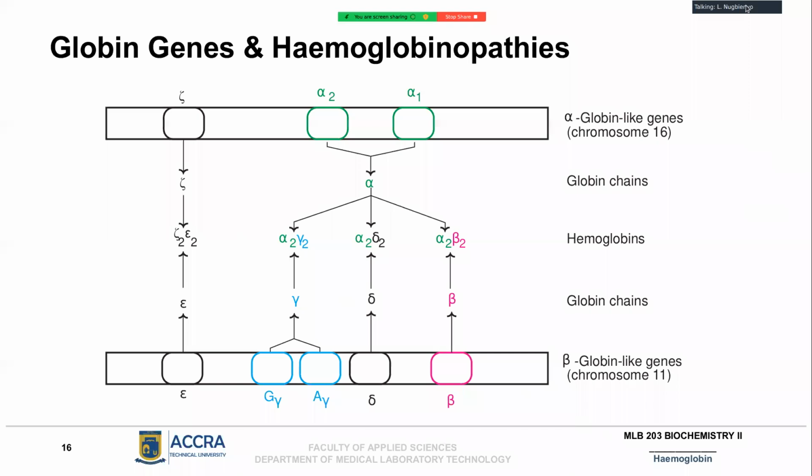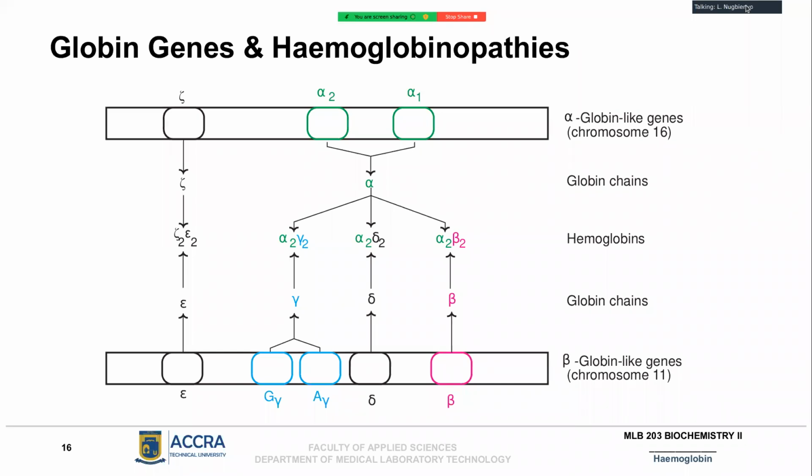We looked at gene expression, which is divided into two: gene transcription and then translation. Transcription gives us the messenger RNA, which carries the code from the nucleus to the cytoplasm, and then the code on the messenger RNA is translated into proteins.